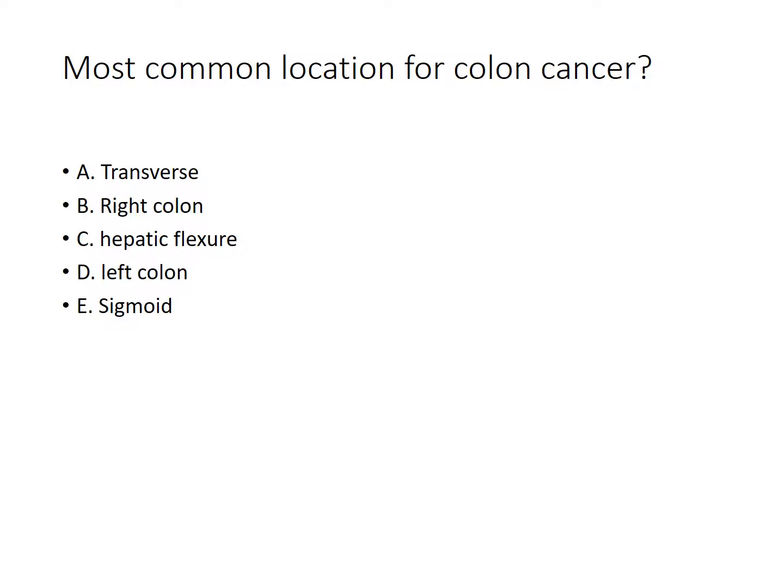You can either pause it or I'll give about 20 seconds per question. So if you need more time, just pause the video. So sigmoid is a quick, easy one.